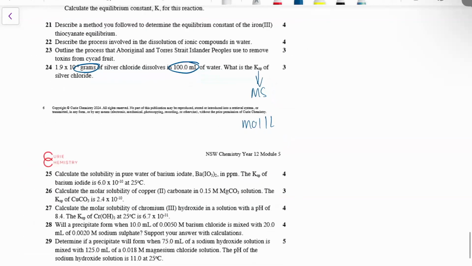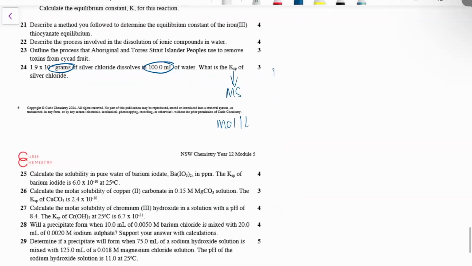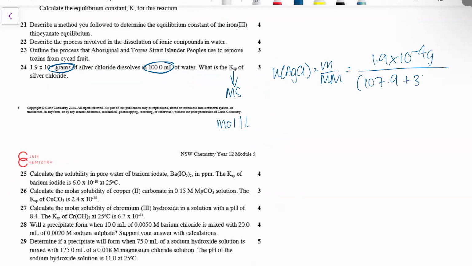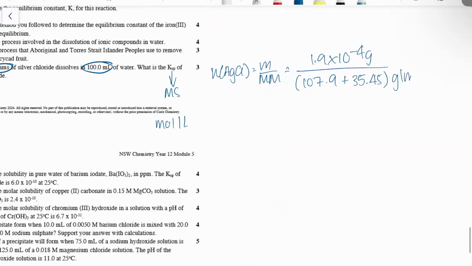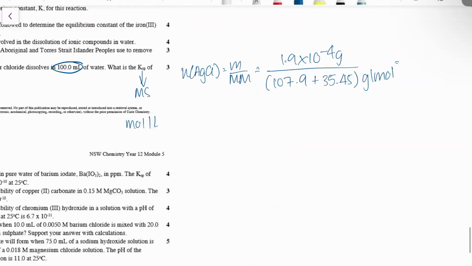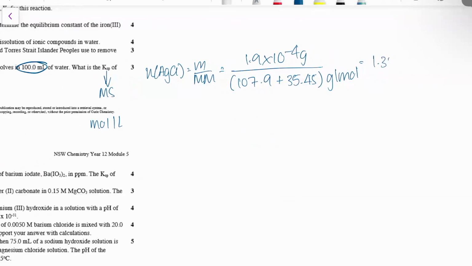So from grams to moles, I have to do moles is equal to mass on molar mass. Mass is 1.9 times 10 to the minus 4 grams. Ag 107.9, Cl 35.45 grams per mole. So what is my moles going to be? 1.32 times 10 to the minus 6 moles.